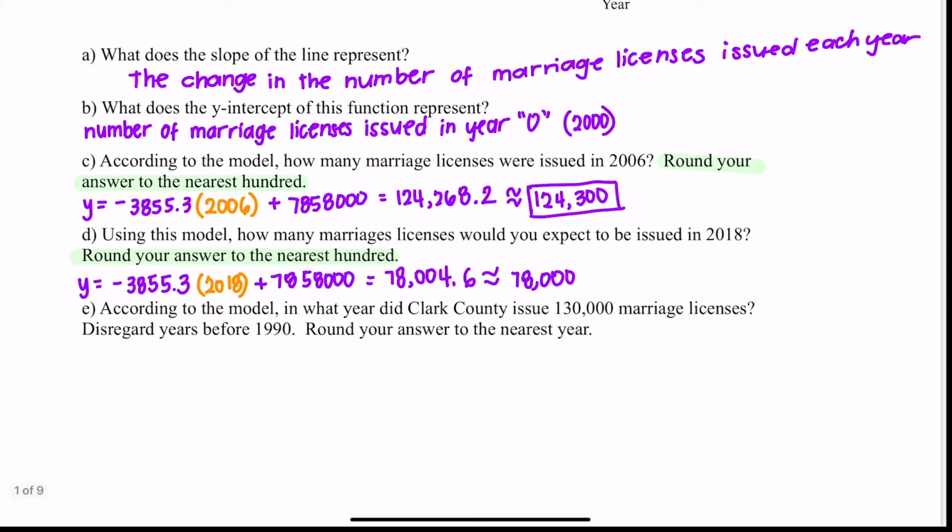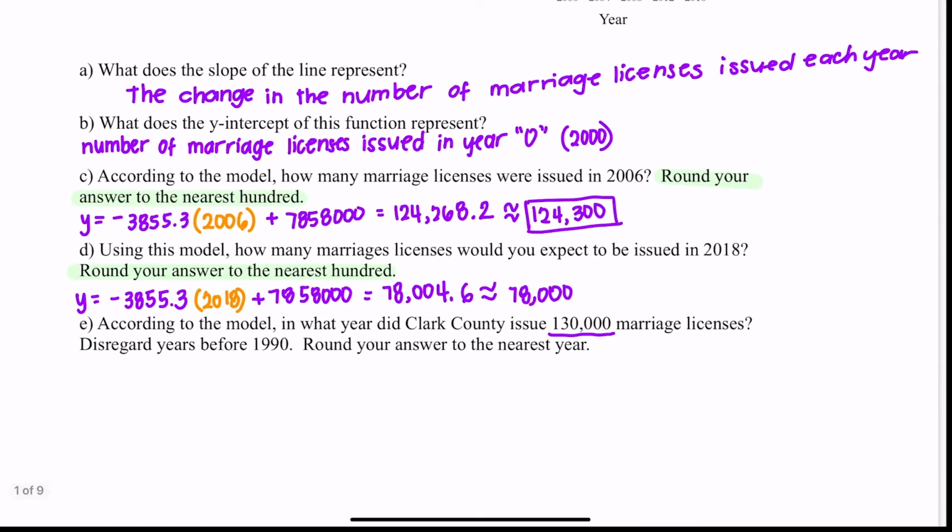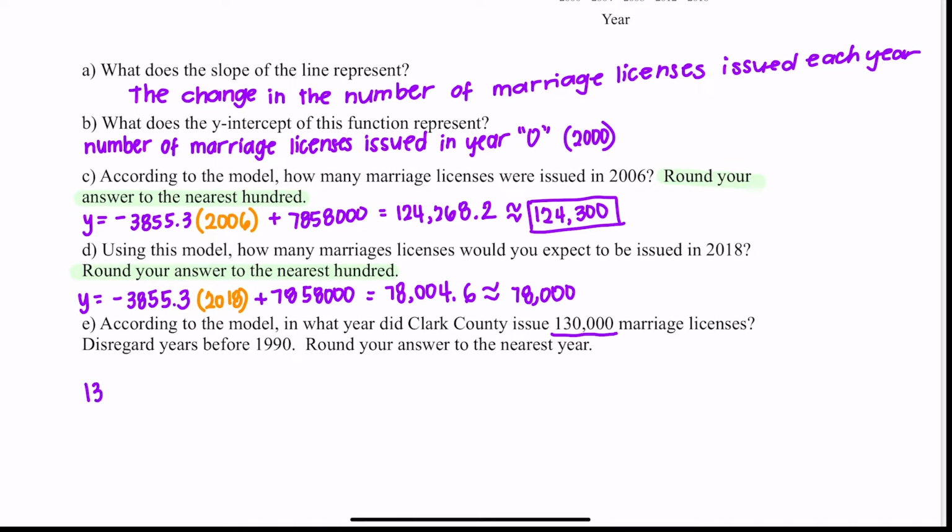For E, according to the model, in what year did Clark County issue 130,000 marriage licenses? Instead of the year given to us, they gave us the new y value, which is 130,000. So we're going to set it up like we did earlier, but instead of knowing what our year is, we're going to replace it with an x because that's our unknown.